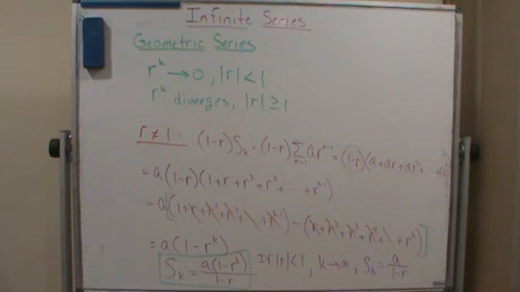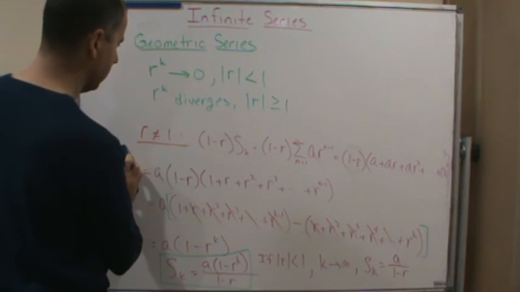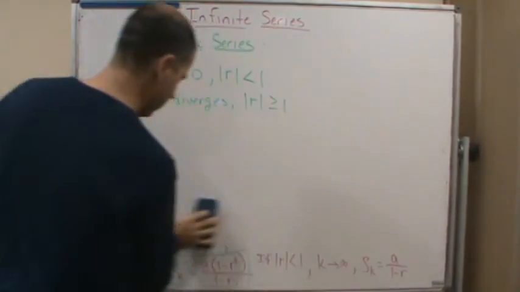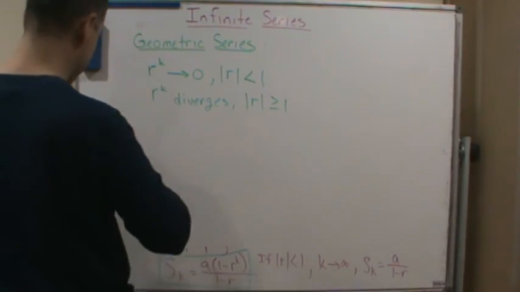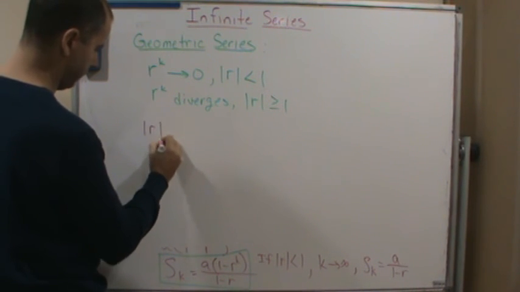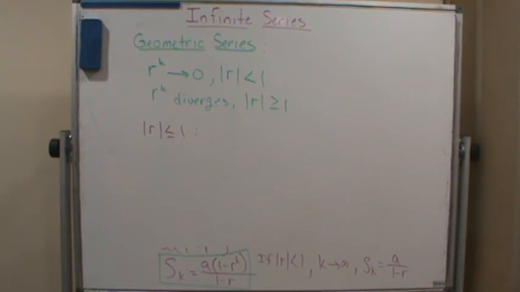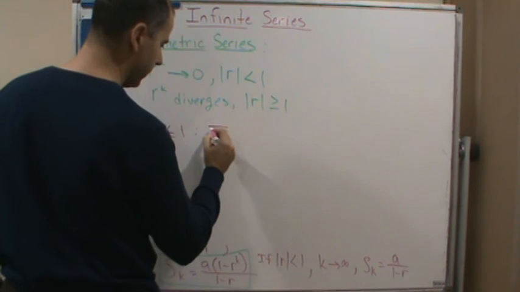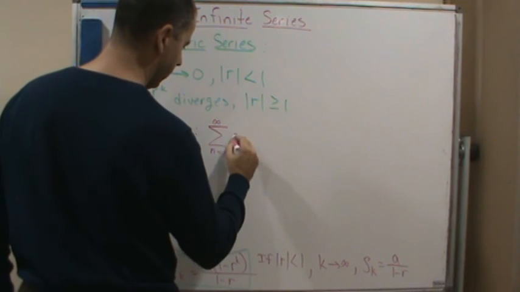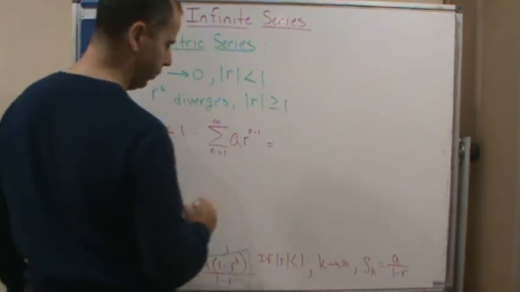And so now what we know is the series then, right? So the series, so this means in the case that the absolute value of r is less than 1, the series for n equals 1 to infinity of a times r to the n minus 1 equals what?